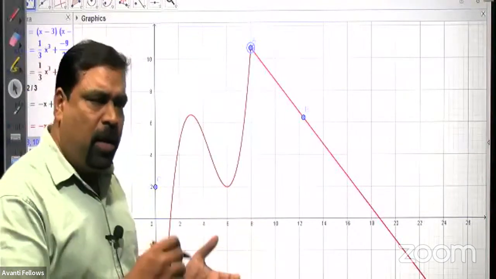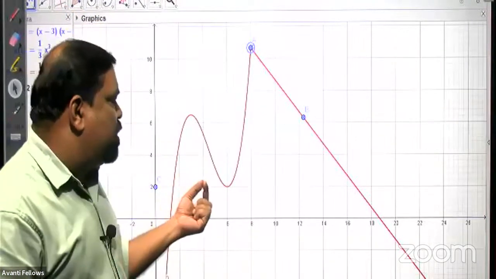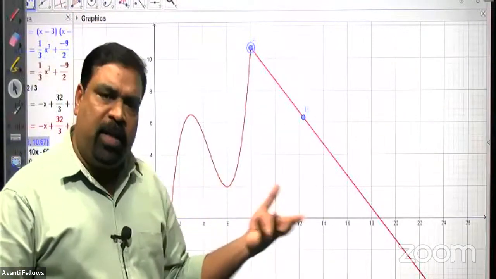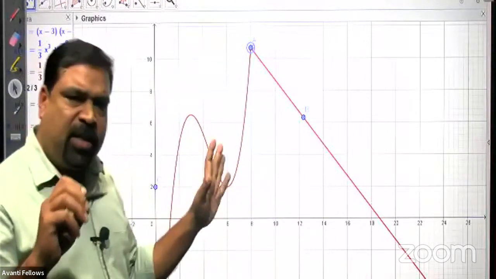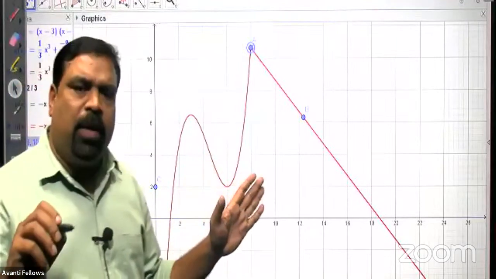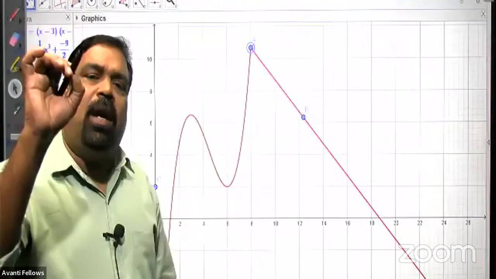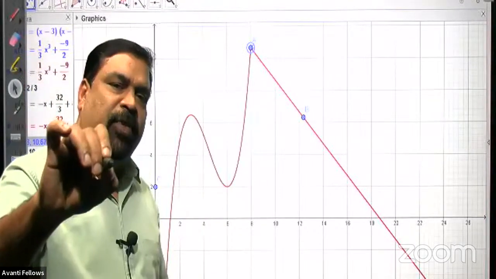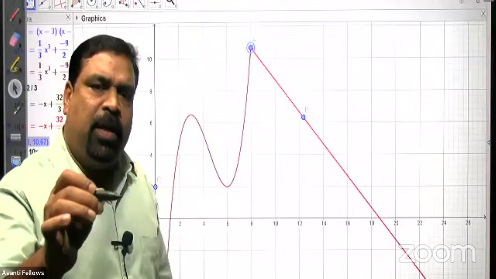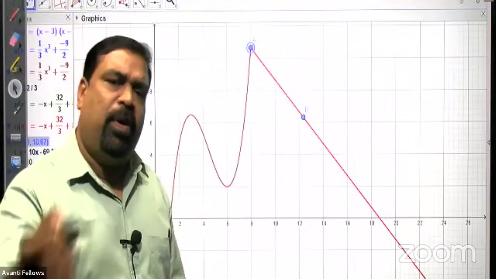There may be so many turning points. These points we say are local maximum or local minimum. Now, after understanding the concept of local maximum and local minimum, we are going to apply calculus. How can we confirm whether a point is a point of local maximum or a point of local minimum?